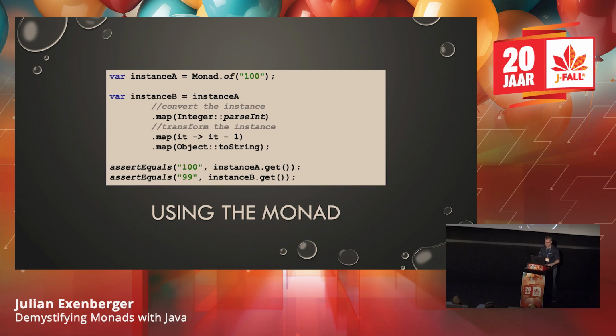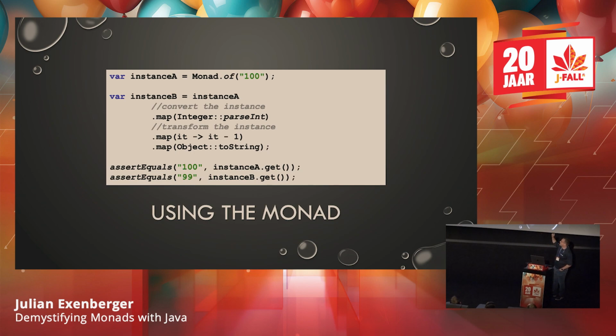Okay, how would you use this? So this is an example of the monad in action. So I've got a monad of 100, which is a string. I call the map on it, which transforms that string into an integer.